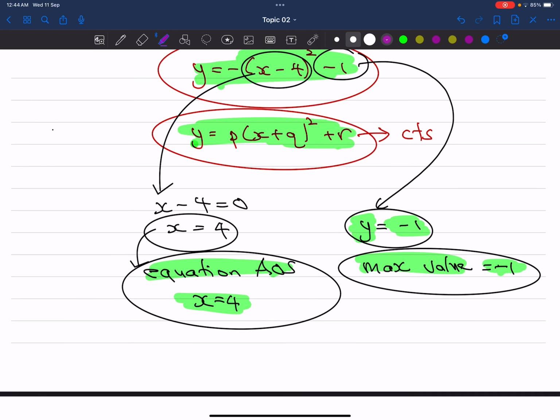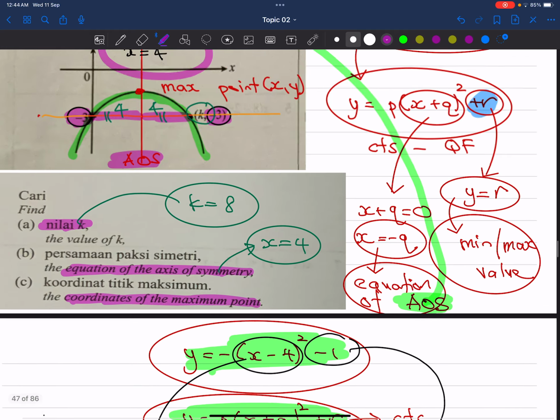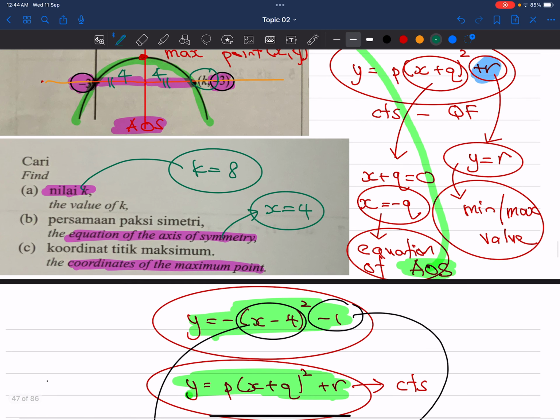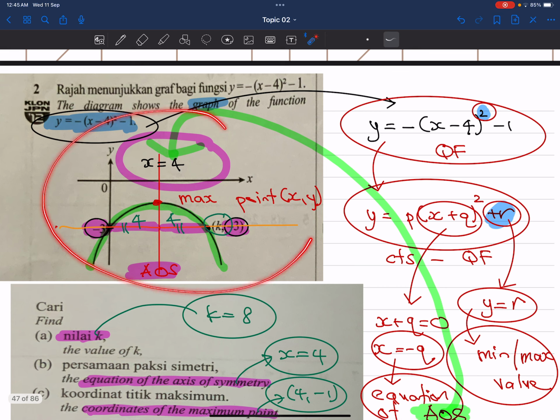X is 4, y is -1. So here, the coordinate would be x is 4, y is -1. So if you notice, for parts A, B, C, we got all the answers at the same time by completing the diagram.